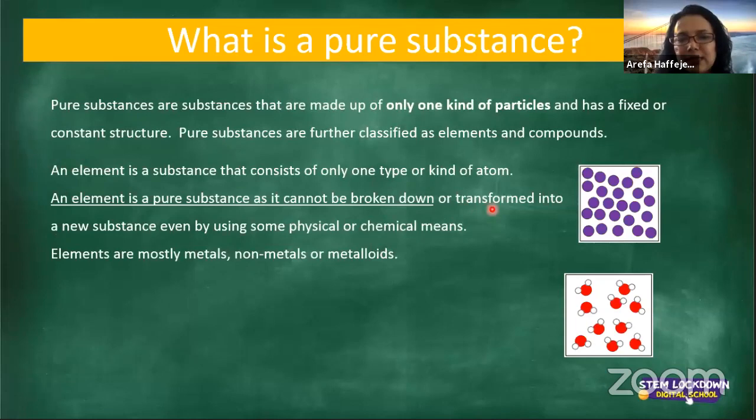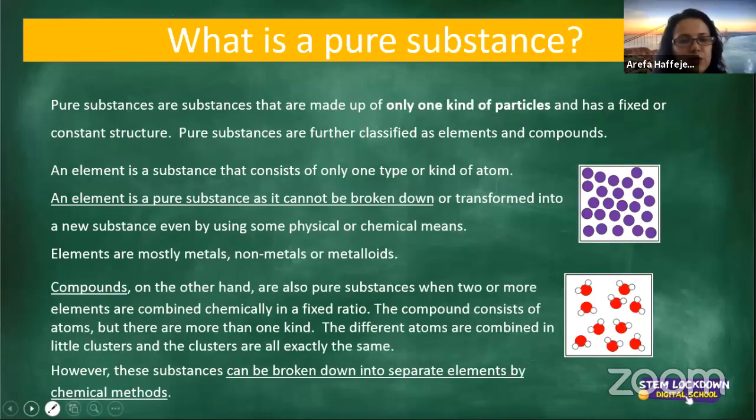Transformed means that it cannot be transformed into a new substance. That means it cannot be broken down into a new substance by any physical or chemical means. So now this element here, you cannot break it down. Okay, so elements are mostly metals, non-metals, and metalloids.